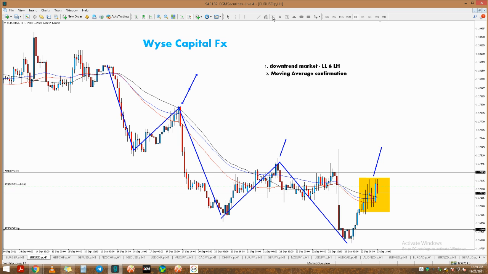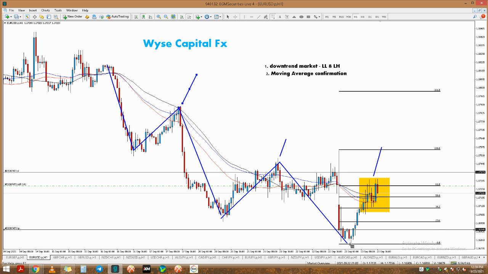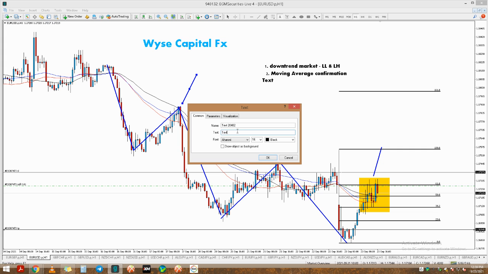If I attach a Fibo at this point, dragging it from the highest point all the way to the lowest point down here, you should see that this area is Fibonacci 61.8. So this brings about the third reason, which is Fibo 61.8.